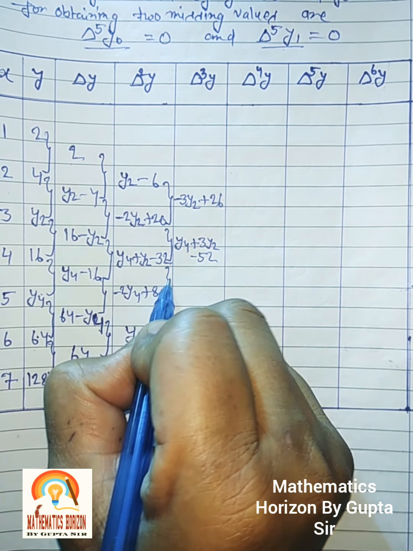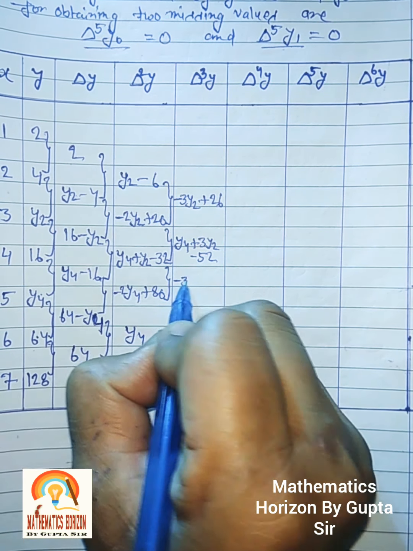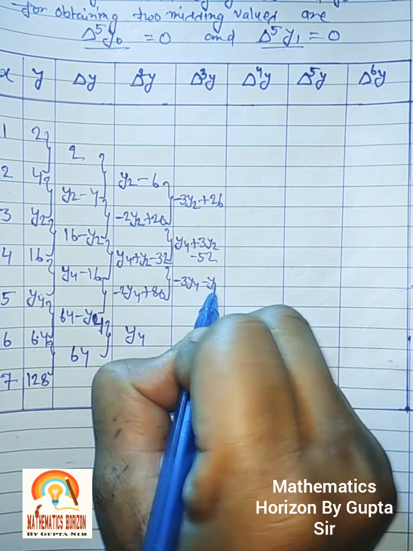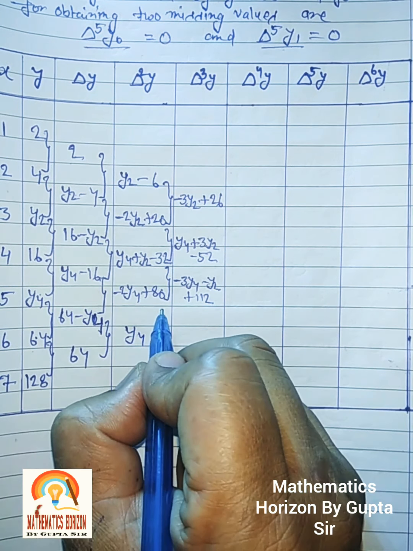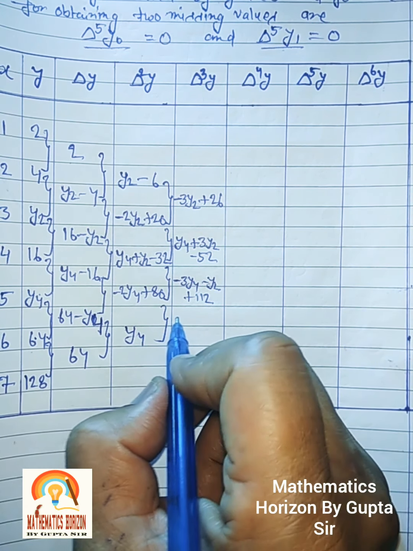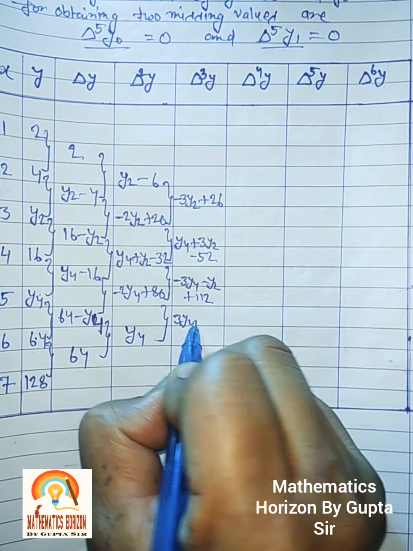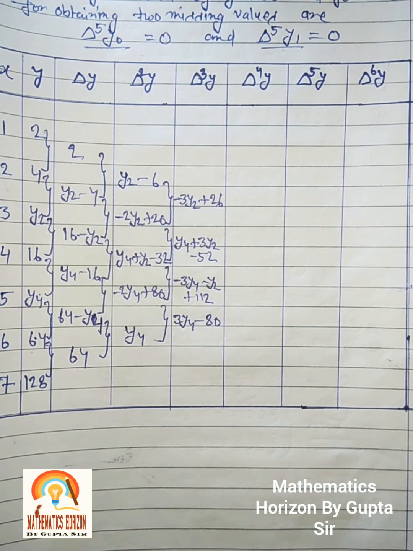Next we calculate differences of these two, that is minus 3y4 minus y2 plus 112, and next we calculate differences of these two, that is 3y4 minus 80. These are the differences of third order.